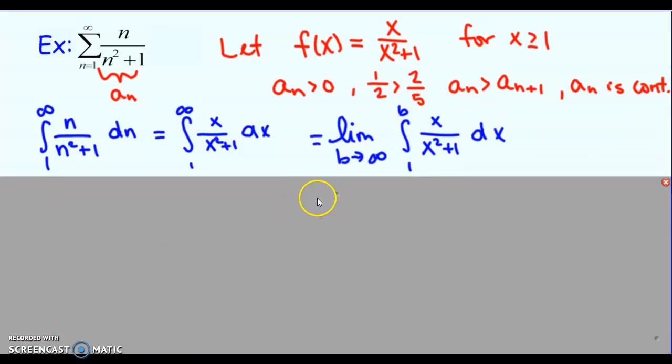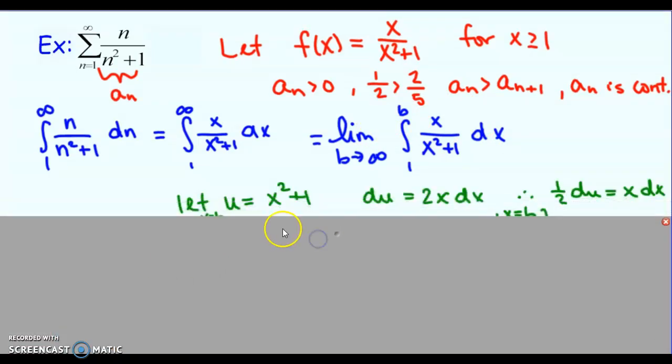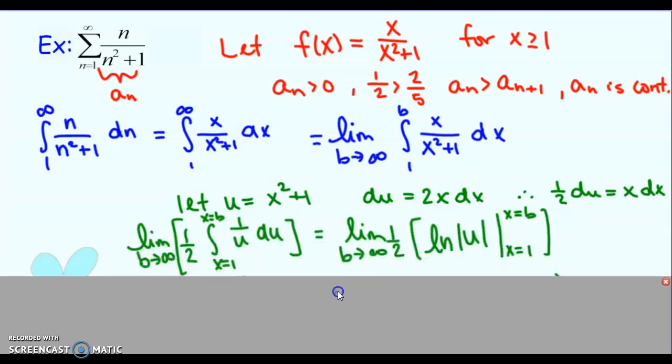And by some calculus magic, we've got u established to be x squared plus 1. That means du is 2x dx, and therefore 1/2 of du is x dx. So if we're doing that and substituting in, we've got the limit as b goes to infinity of 1/2 of the integral from x equals 1 to b of 1 over u du.